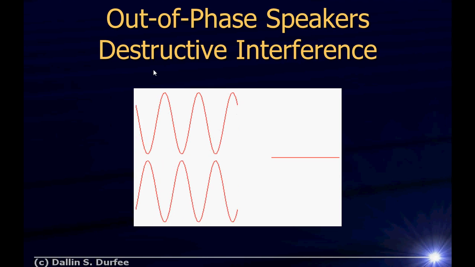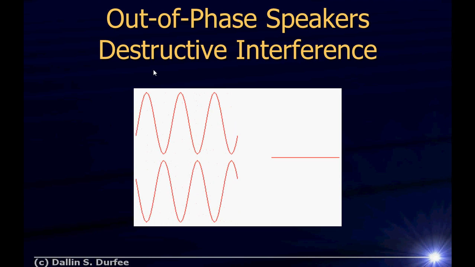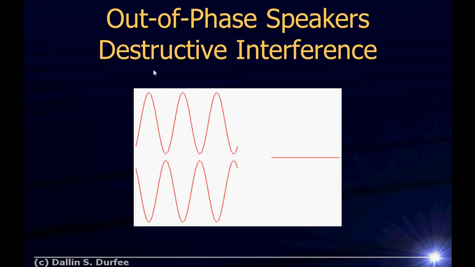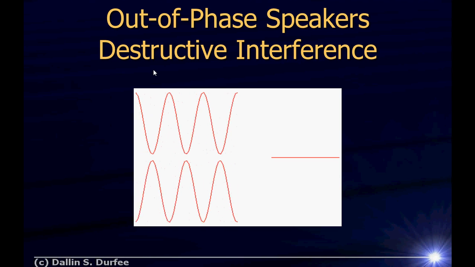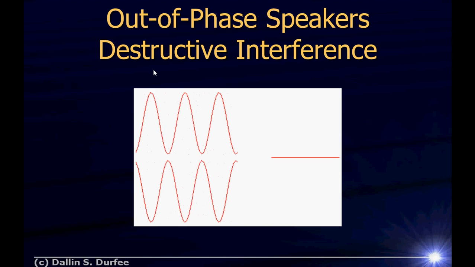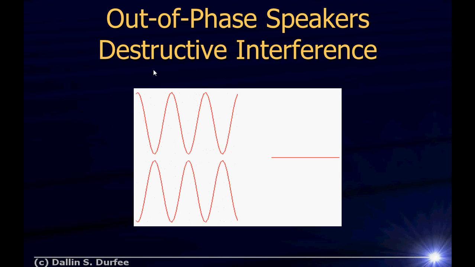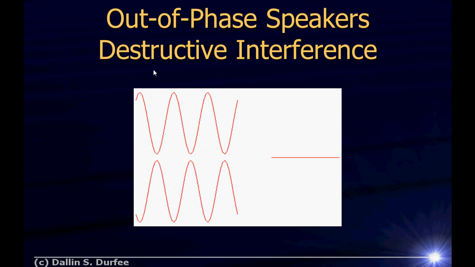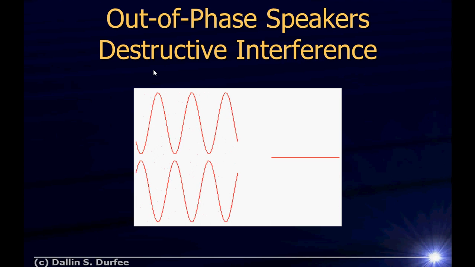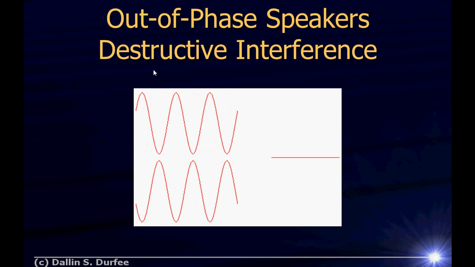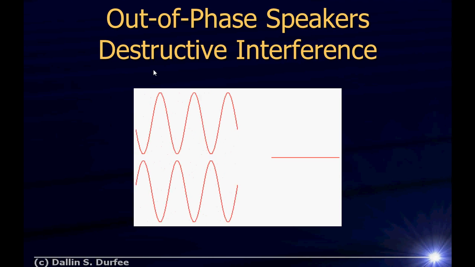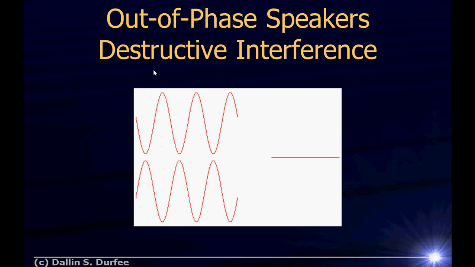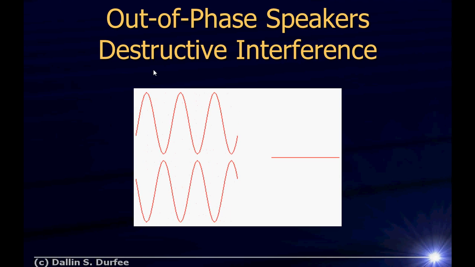And third of all, there are reflections off of the room, so we may not get perfect destructive interference, even though we should, because maybe some reflections off of different walls do not add perfectly out of phase. And then fourth of all, our ears hear logarithmically, as we discussed before, so even if there's a little bit of sound left over, it may sound a lot louder than a plot like this would make you think. Alright, but this is a real effect that you can actually hear, and we will do it in class. You'll hear constructive and destructive interference.